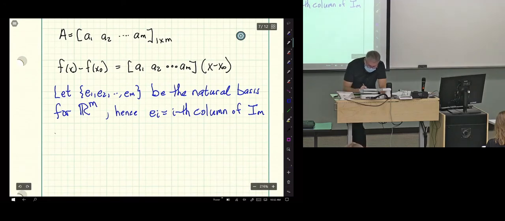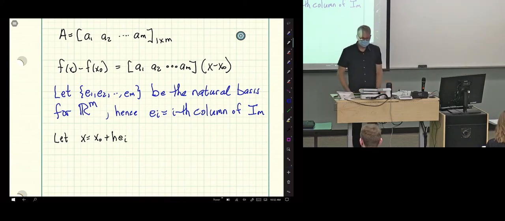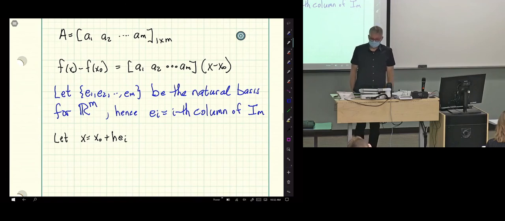So now I'm going to let x be equal to our generic point x0 and just perturb it in the ith direction. Okay, so I'm only changing one component of x0.